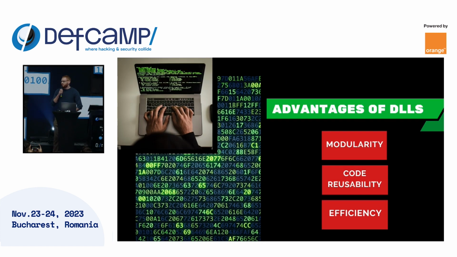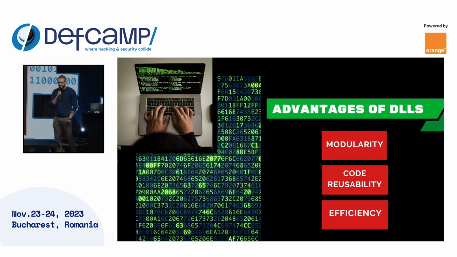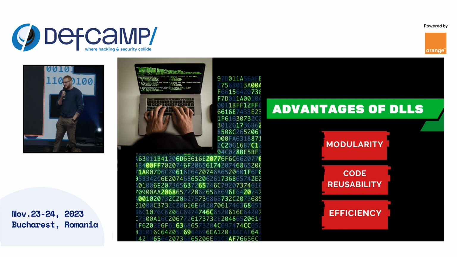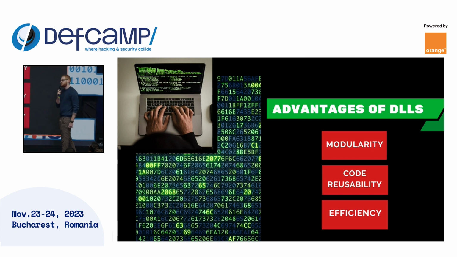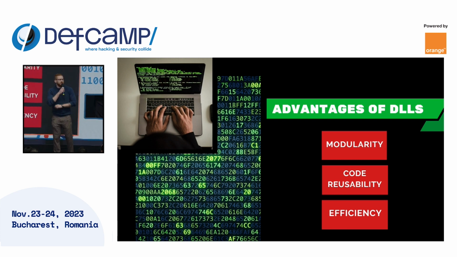So you may ask, why do developers use DLLs? Well, there's a plethora of reasons, but here are a few. Firstly, they're modular. This means that if you want to change a feature, you don't have to go through the whole code base. Simply find the DLL responsible for that feature, modify the code behind it, and there you go.